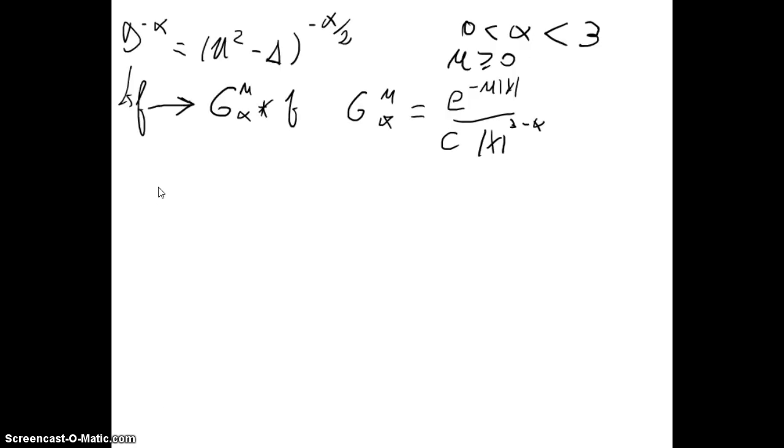Okay, so if we want to bound it, we have to recall that D^(-alpha) is (mu squared minus the Laplacian) to the minus alpha over 2, considering alpha between 0 and 3, mu greater than or equal to 0.